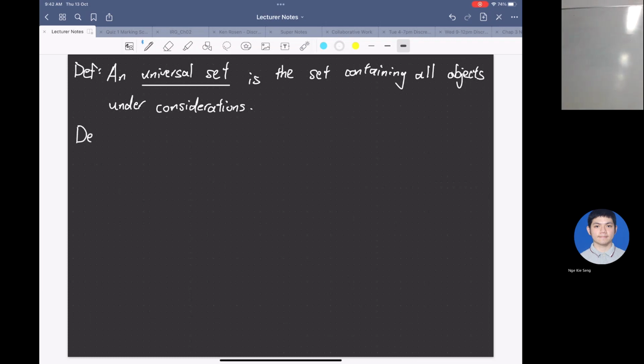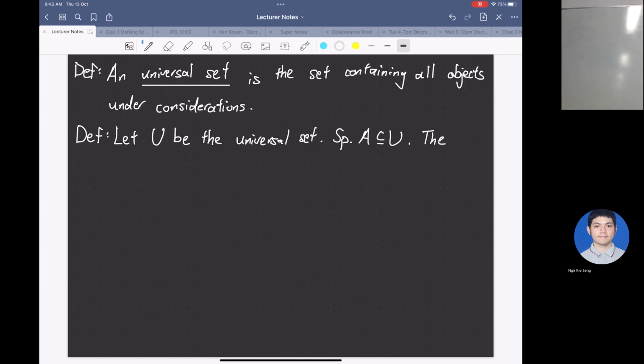So for example, why do we need this? Suppose U is the universal set. There's another set A, a subset of U. Okay.